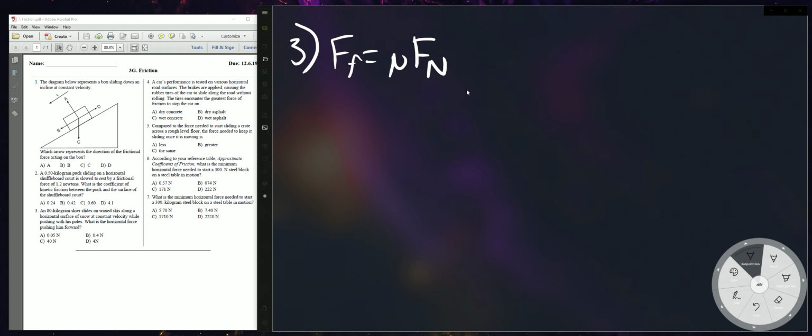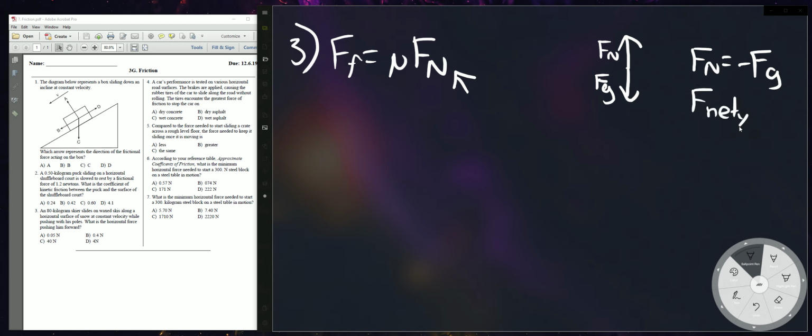Well, we established in number 2 that if your Fnet is 0 in the y direction, then that must mean my Fn is equal to negative Fg, because the sum of all my forces in my y direction is 0.